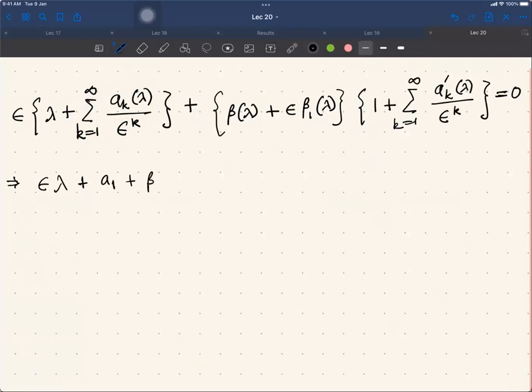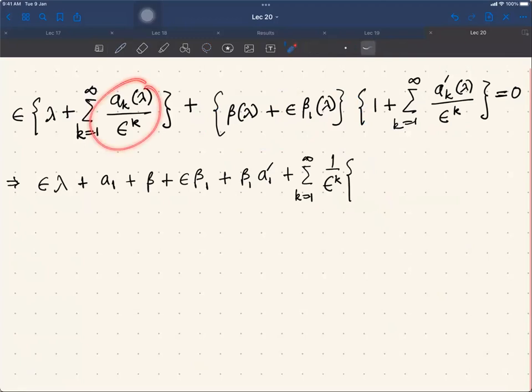So beta, then epsilon beta 1 multiplying this term for k equals 1, which is beta 1 a1 prime. So these are the terms which are positive or 0 power of epsilon, and all the other terms have negative powers, and they are k equals 1 to infinity, 1 over epsilon to the power k.